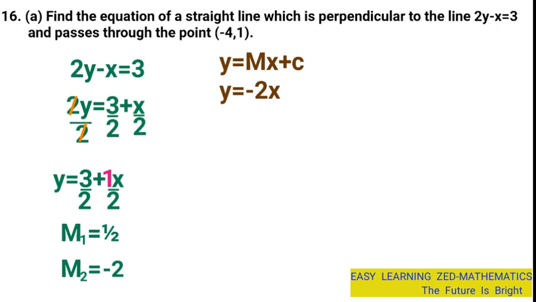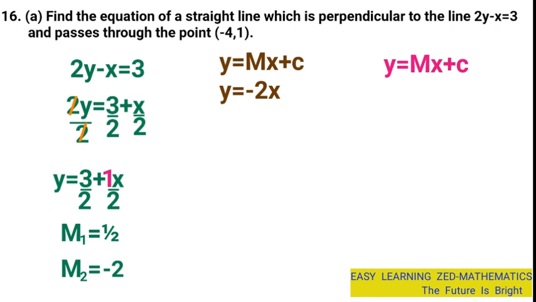So I'm going to use this equation to find the value of c, the same equation for making the equation for a straight line. What is y in those points? They have given us one point where this equation is passing through, negative 4 and 1 in the question.